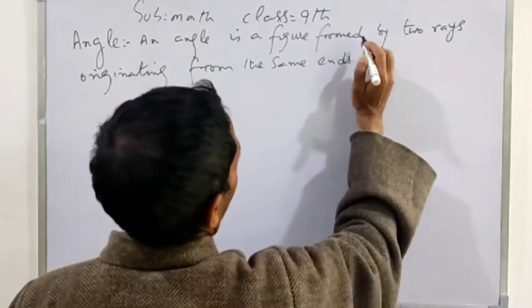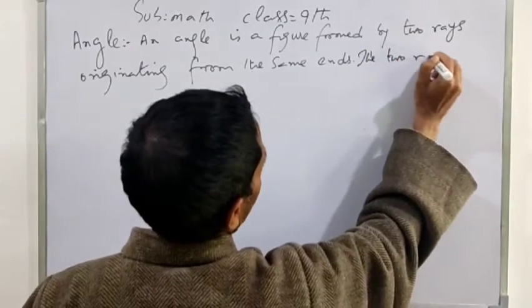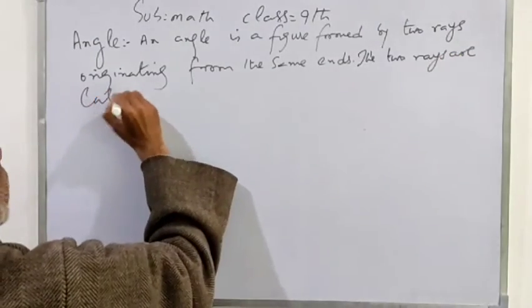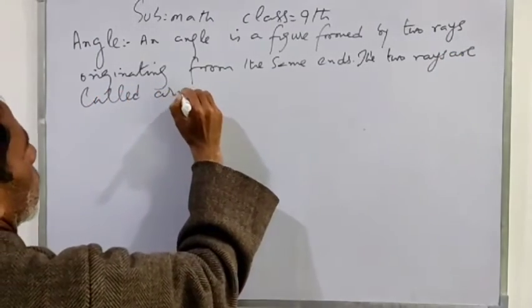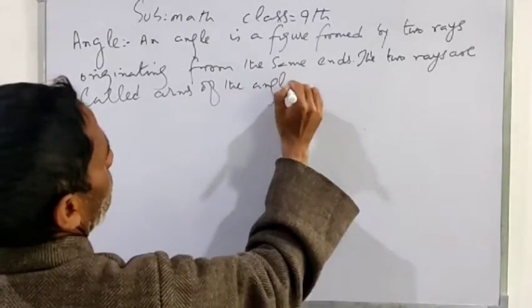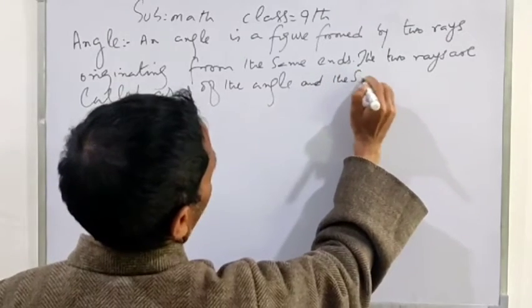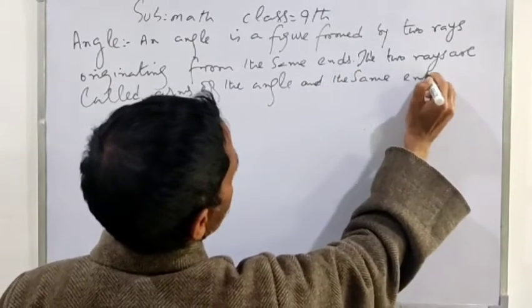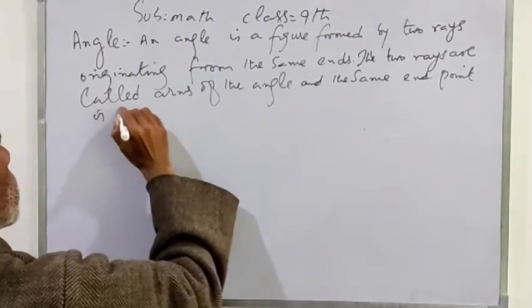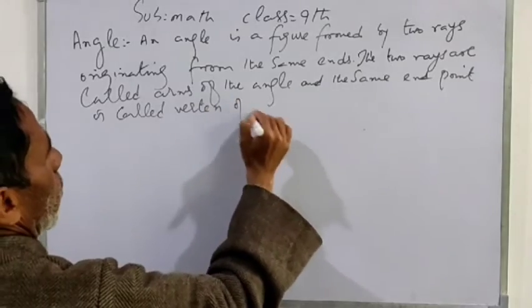The two rays are called arms of the angle, and the same endpoint is called the vertex of the angle.